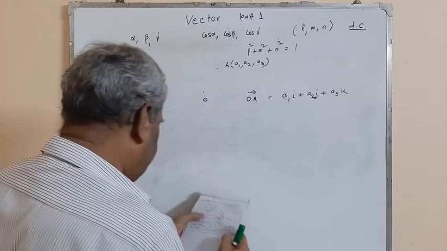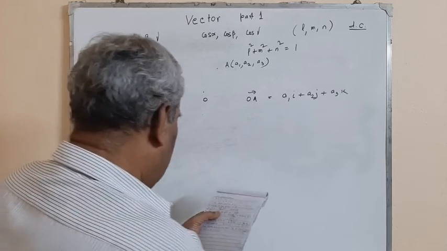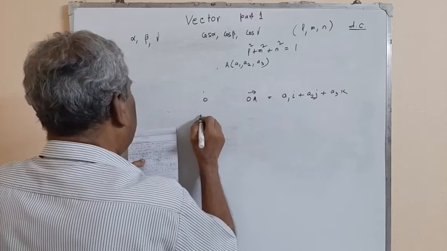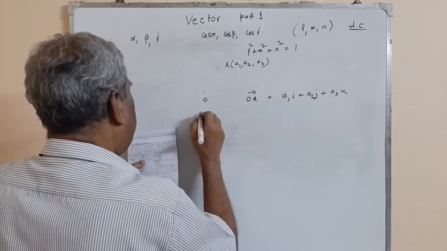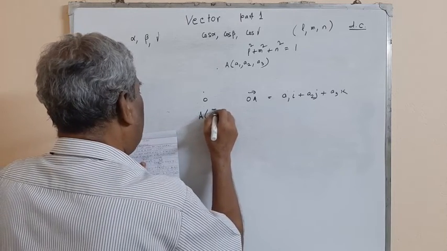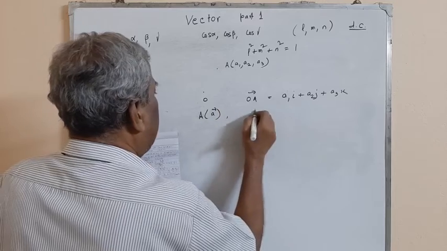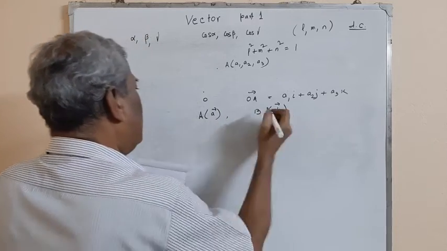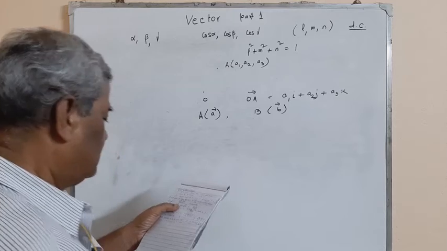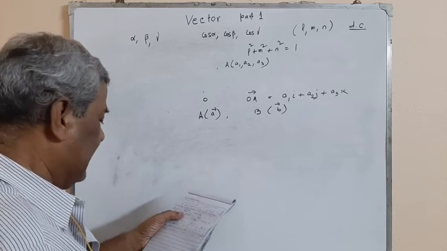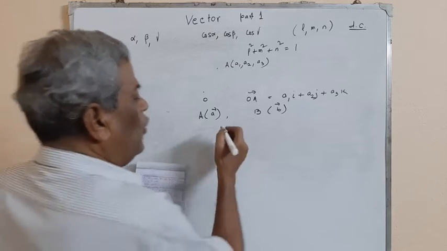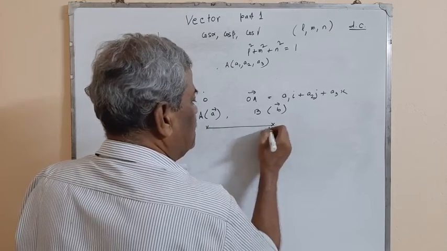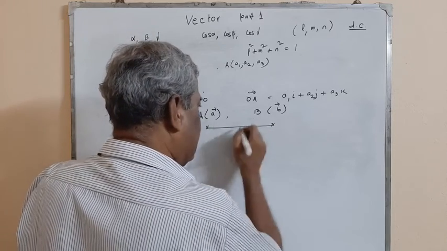Suppose the position vector of a point A is a, and B is another point whose position vector is b. This is A, this is B, and O is somewhere there.